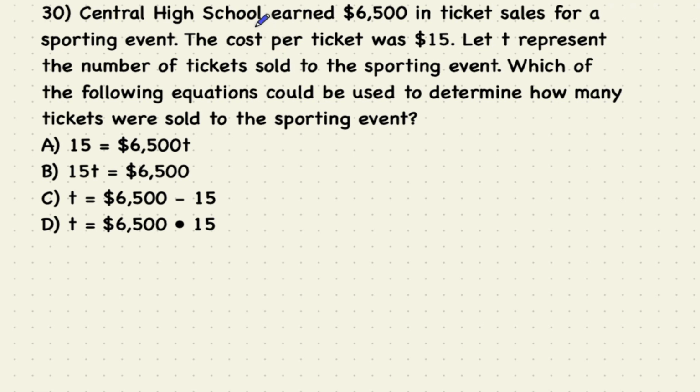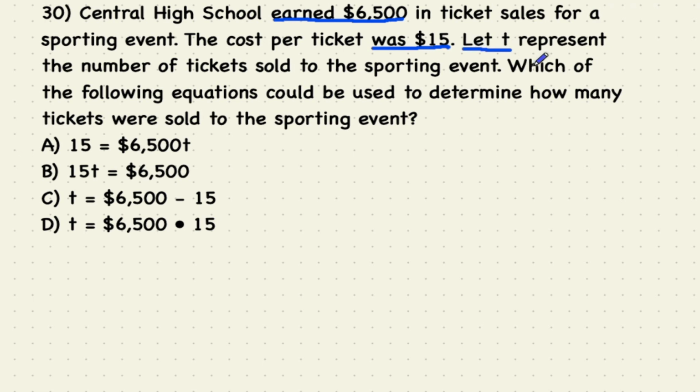The first thing we're going to do is pull out what's going to help us. We see that Central High School earned $6,500, so I'm going to underline this. Then we're told that the cost per ticket was $15, so I'm going to underline this. Then we're told to let T represent the number of tickets sold, so we'll underline this as well.